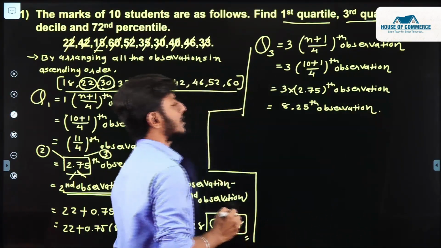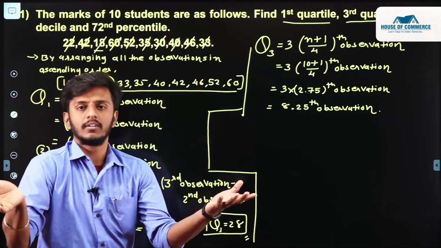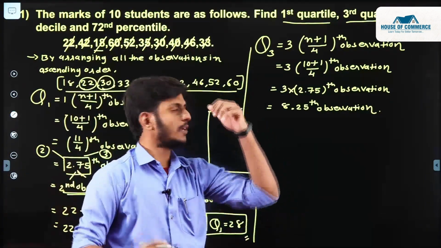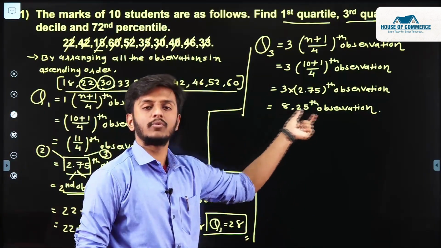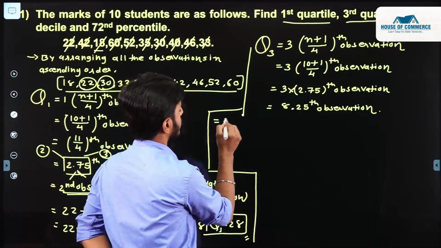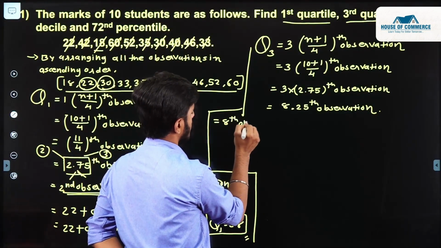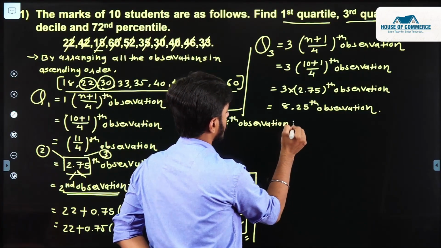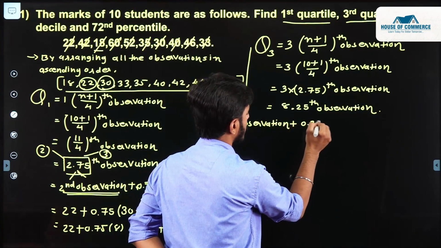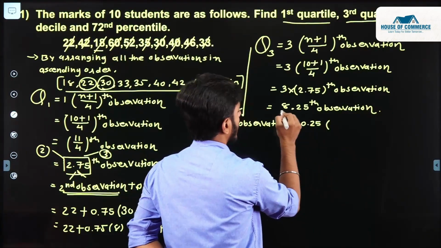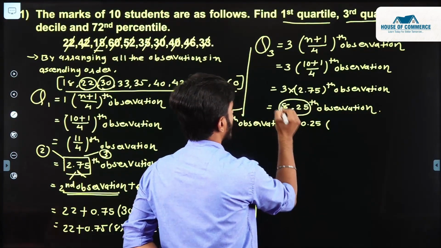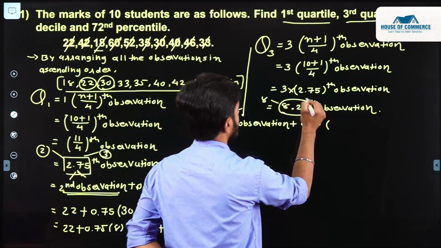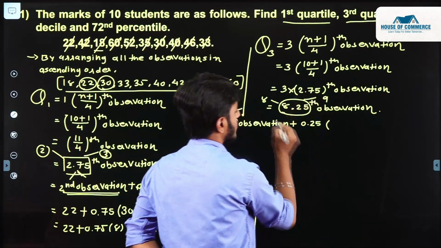Now, how can I discretize it? How can I divide it? First of all, I have the 8.25th observation. Instead of that, I write it as the sum of the 8th observation plus 0.25, and 8.25 lies between the 8th observation and 9th observation. Which one is the bigger value?